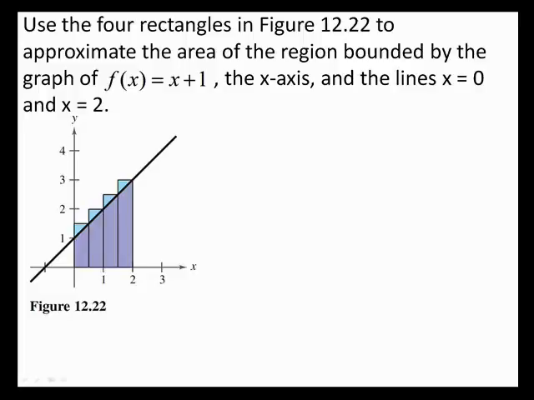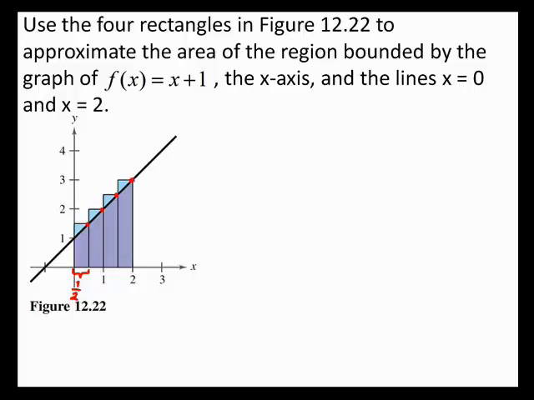Use the four rectangles in figure 12.2.2 to approximate the area of the region bounded by the graph of f of x equals x plus 1, the x-axis, and the lines x equals 0 and x equals 2. Because the length of the interval along the x-axis is 2 and there are four rectangles, the width of each rectangle is 1/2. To obtain the height of each rectangle, evaluate f at the right endpoint of each interval.